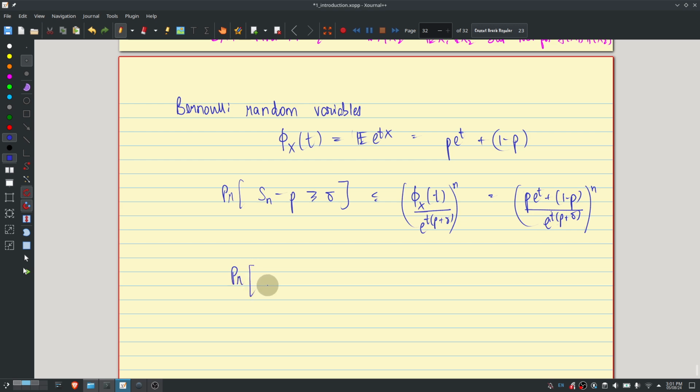You can show that the probability that Sn minus p is greater than or equal to delta is in fact less than or equal to e raised to minus n times p delta square divided by 2 plus delta.